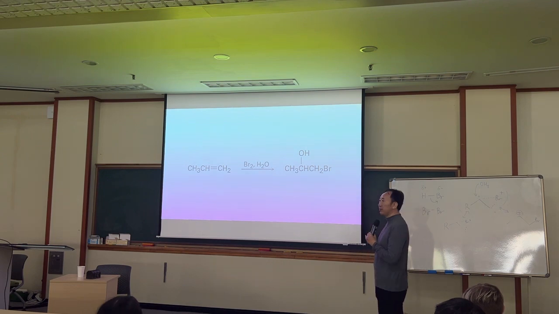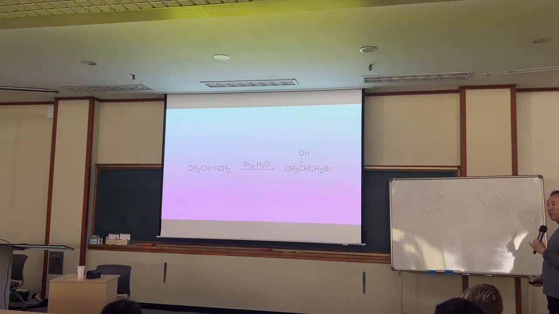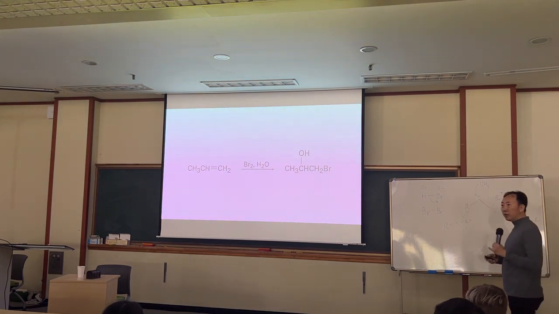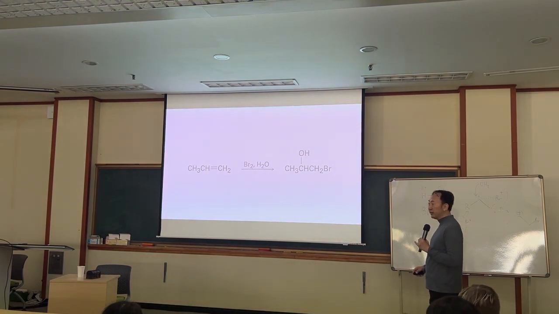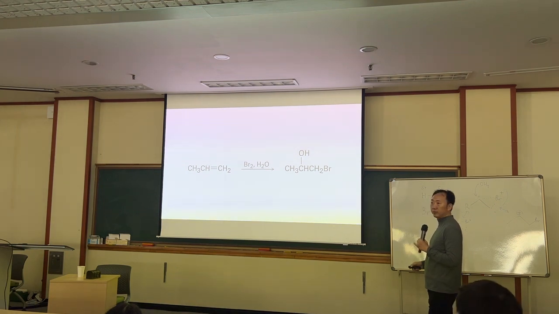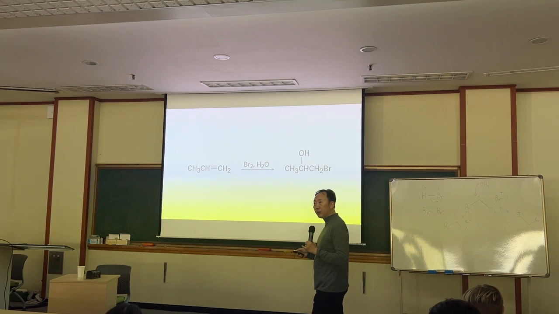Now here is a slightly simplified but similar version. Br2 is added to activate, and bromonium forms here. Now water attacks either this position or this position, and the major product is from attack at this position. Is this following Markovnikov or anti-Markovnikov?